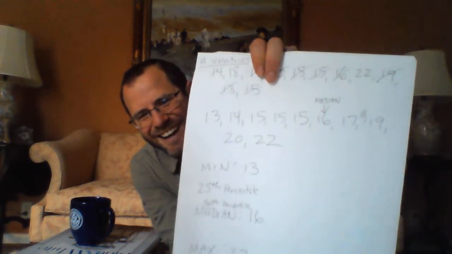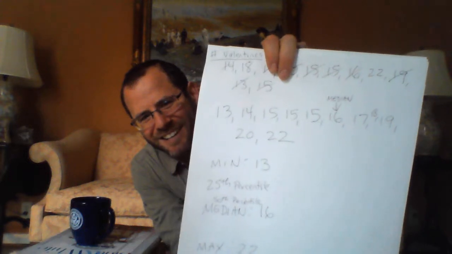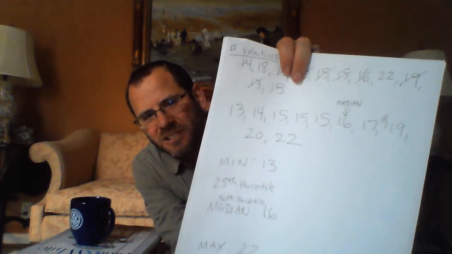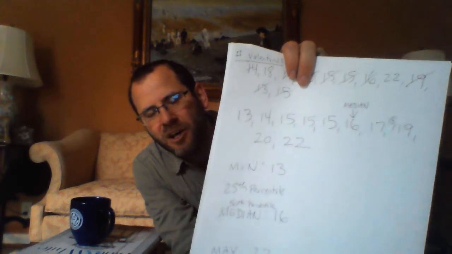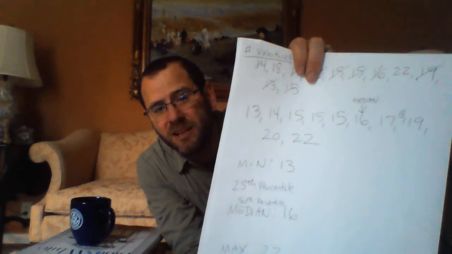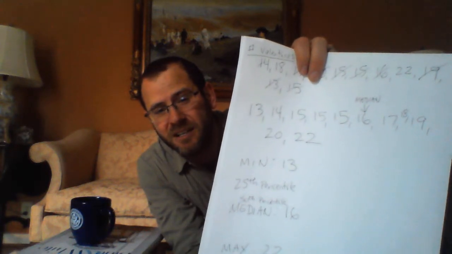So for the 25th percentile, we're going to look at the 5 numbers below the median in our data set. I'm sorry, guys, our lighting is so tough and I can't get a good focus. So we see 5 numbers below the median: 13, 14, 15, 15, 15. We're going to pick the number that's in the middle of those, because that will mean that 25% of the data is below it.